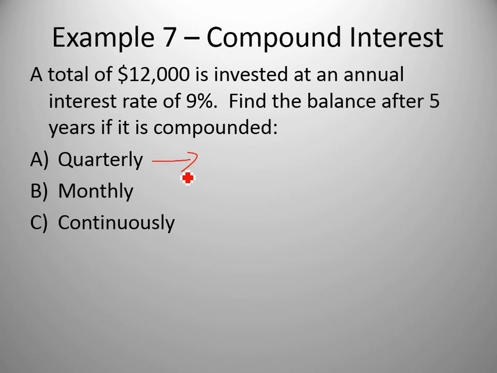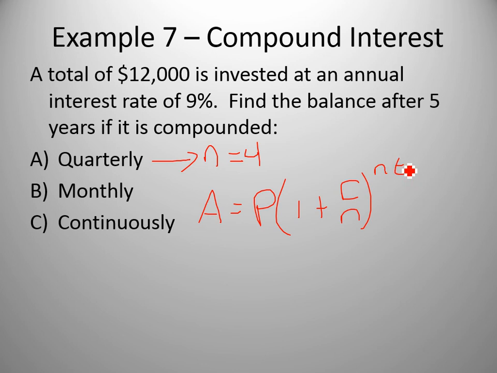For part A, if your interest is compounded quarterly, that means your interest is compounded 4 times a year. So in this case, your value of N would equal 4. So the formula, I have A equals P times 1 plus R over N to the N times T power.